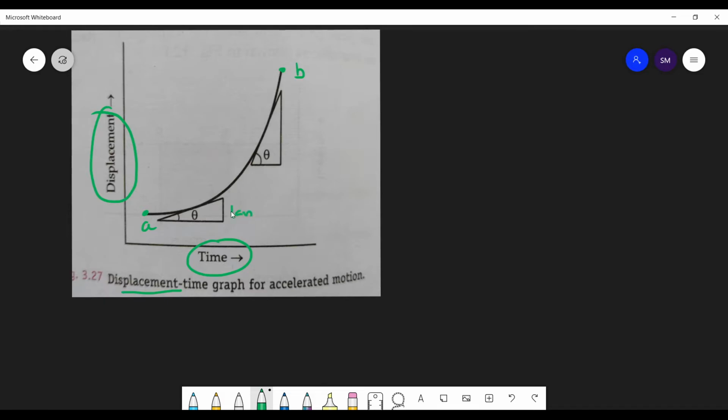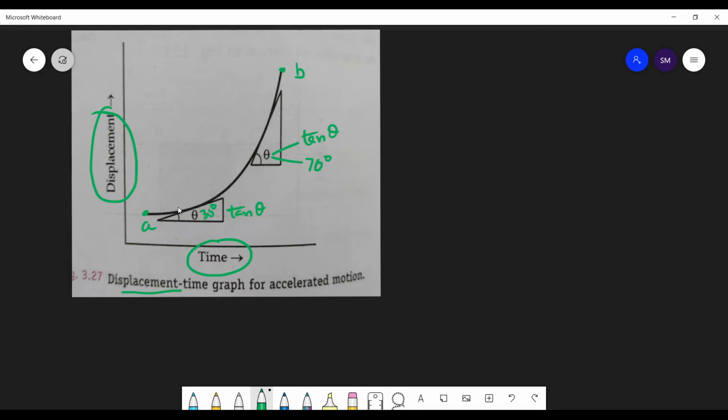So tan theta is your slope here. This theta is around 30 degrees and this theta is around 60 or 70 degrees. If you enlarge the figure, you will see a huge change.